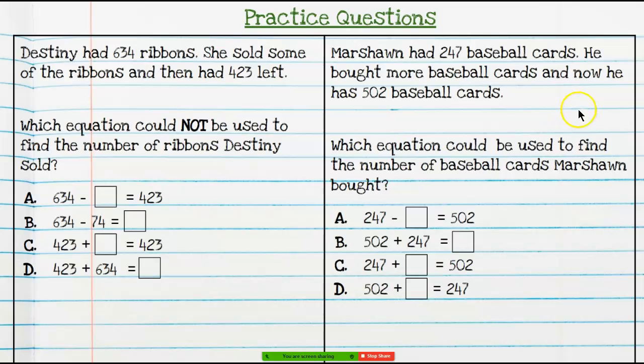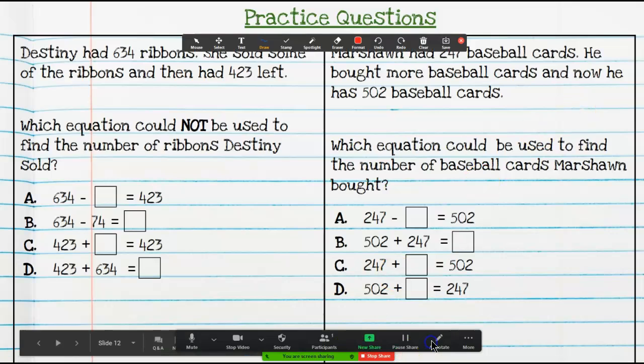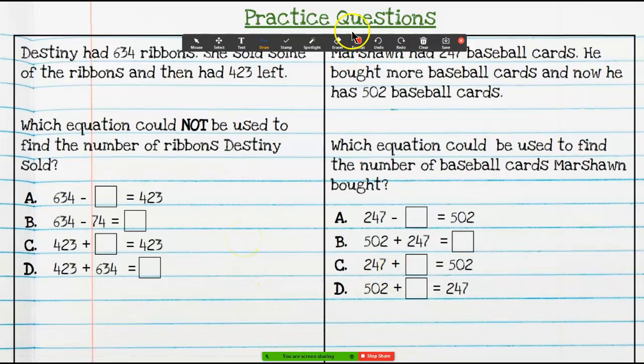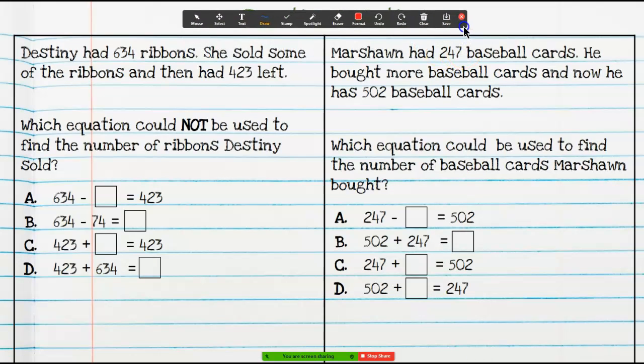Alright, let's move on to our word problems. Destiny had 634 ribbons. She sold some of the ribbons and then had 423 left.